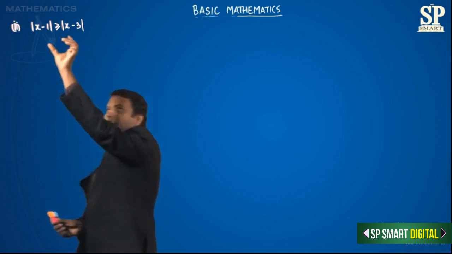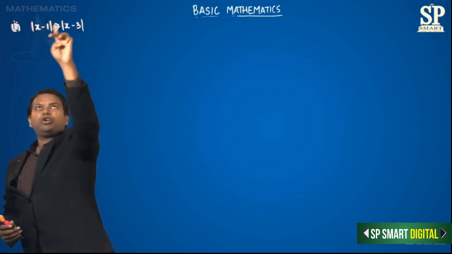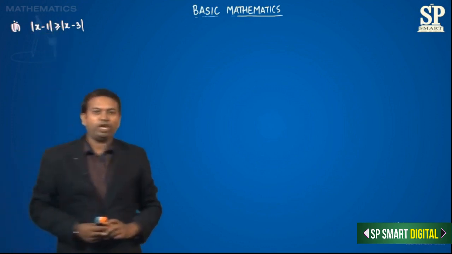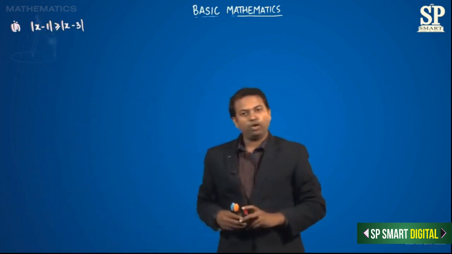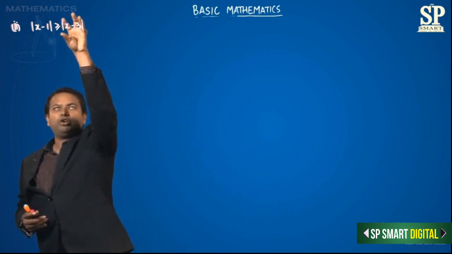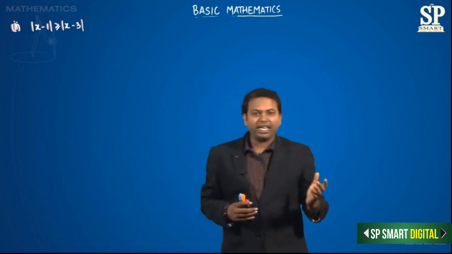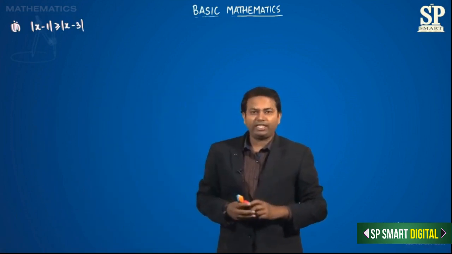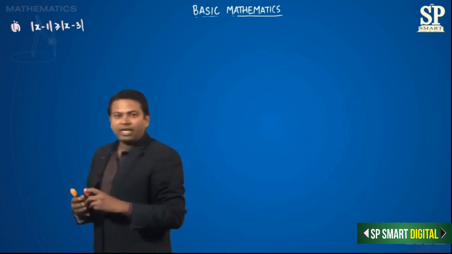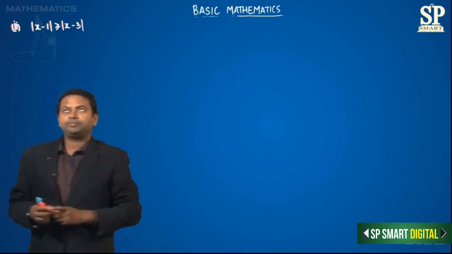So at x equal to 1, on the left and the right, the definition of this function, that is modulus of x minus 1, will change. Similarly, if we consider the function modulus of x minus 3, it is going to change its nature at the point x equal to 3. For a clear understanding, let us consider these two functions separately.